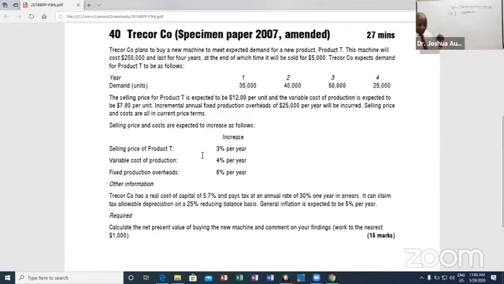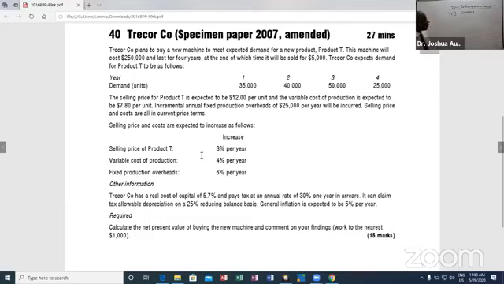These people have given us, before the required, I hope you're able to see the question on your screen, that Tracker company has a real cost of capital of 5.7% and it pays tax at an annual rate of 30%, one year in arrears. It can claim the allowable depreciation on a 25% reducing balance basis.